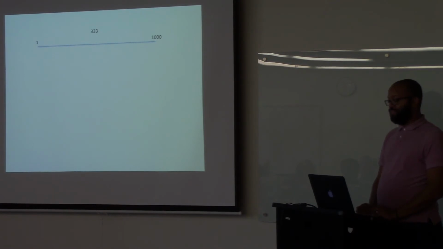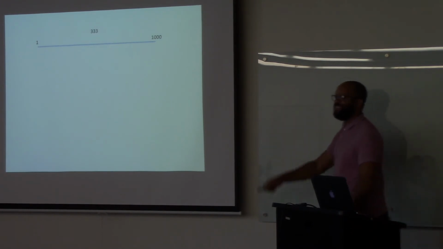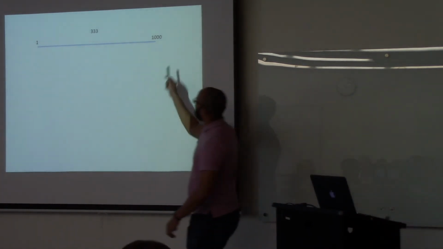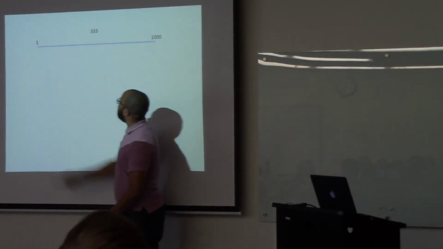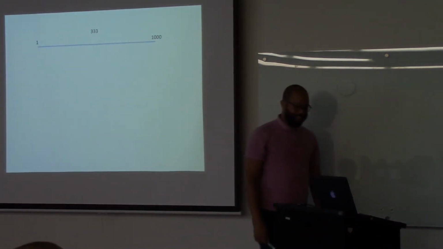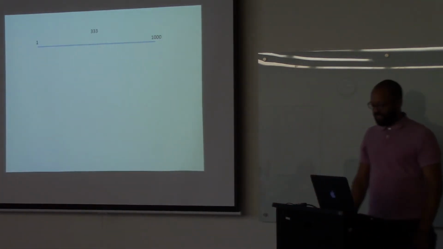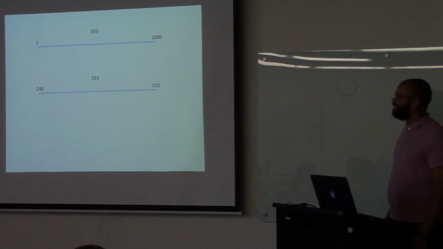So imagine if you're a 4th grader in a symbolic number line task, you might see something like this. Where does 333 go between 1 and 1,000? A third. You can't just say it. There? Yeah. Okay. So you know a lot about 333. What about that?